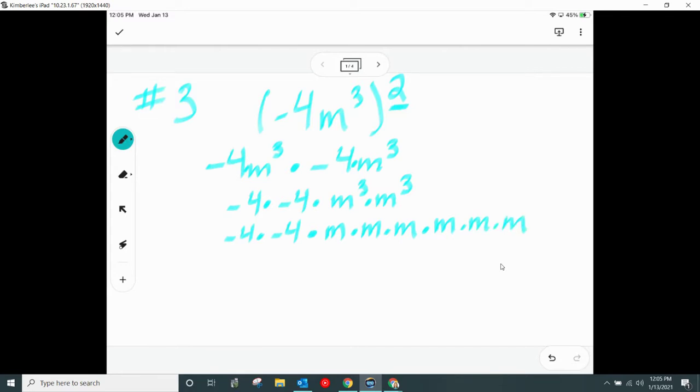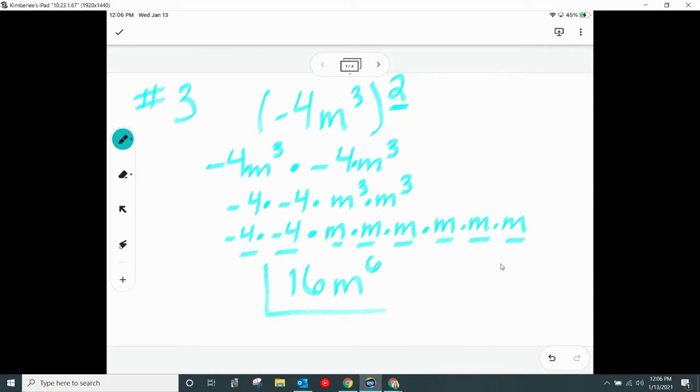So now I can simplify this. Negative 4 times the negative 4, well, a negative times a negative becomes a positive, and 4 times 4 is 16. And then I'm going to condense all these m's back down. Well, I can count them. I have 1, 2, 3, 4, 5, 6 m's. So that really becomes m to the 6th. Okay, so that's the answer right there.